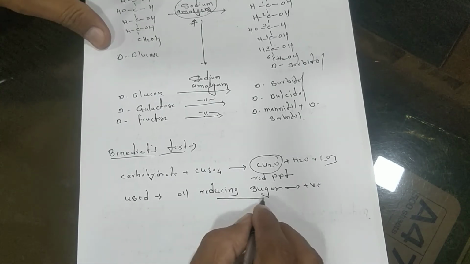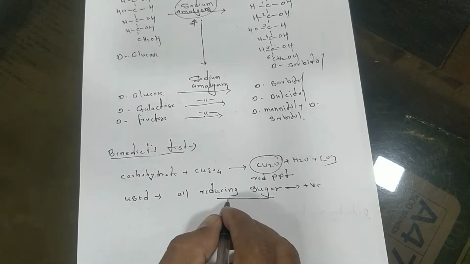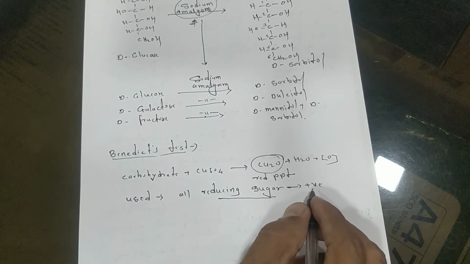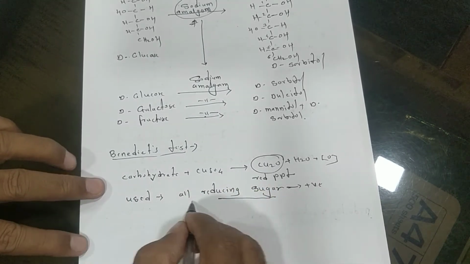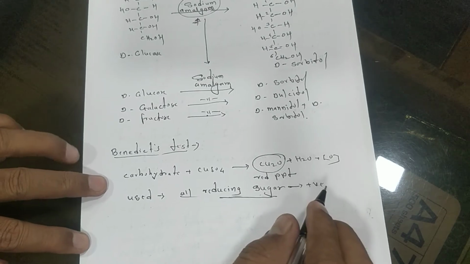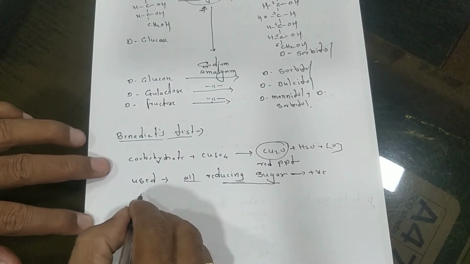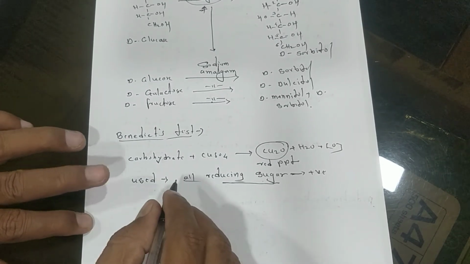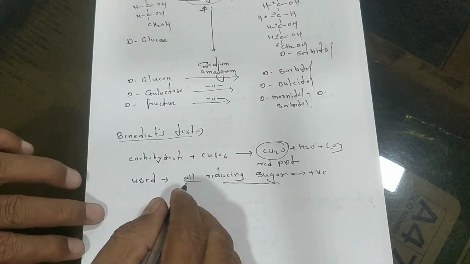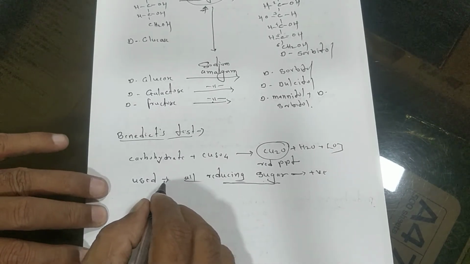What do you mean by reducing sugar? Those with a free aldehyde or ketone group are called reducing sugars, for example lactose and mannose. They show the positive test. Sucrose is a non-reducing sugar and shows the negative test. Okay, these are the importance of the Benedict test.